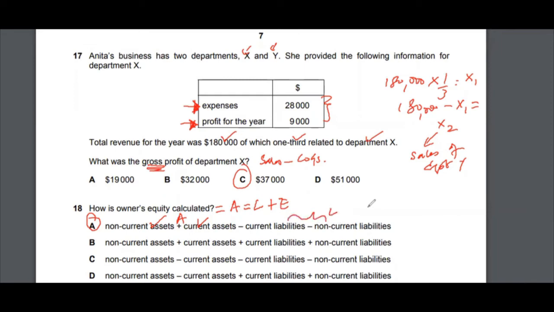That's exactly the liability section. If you rearrange the accounting equation, assets minus liabilities equals equity, and that's what the question is asking you, right? So the correct answer to multiple choice 18 is option A.